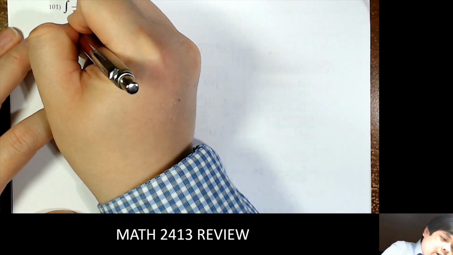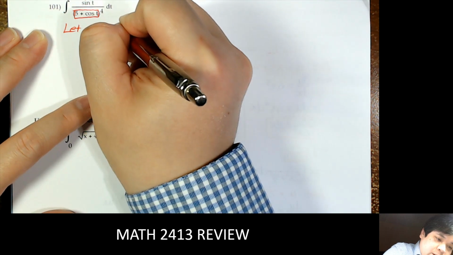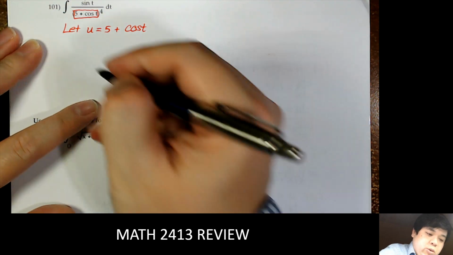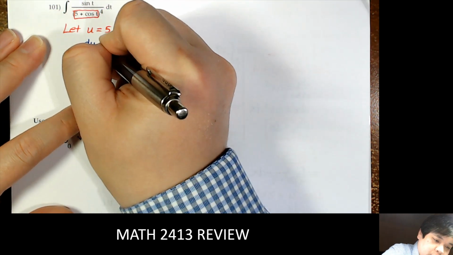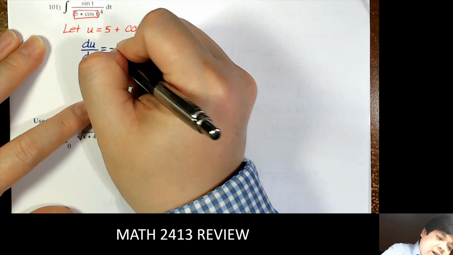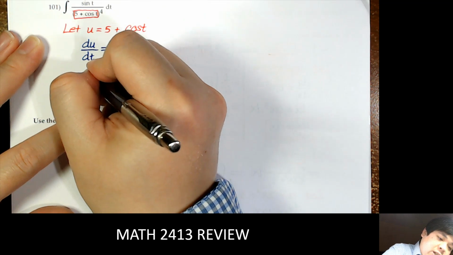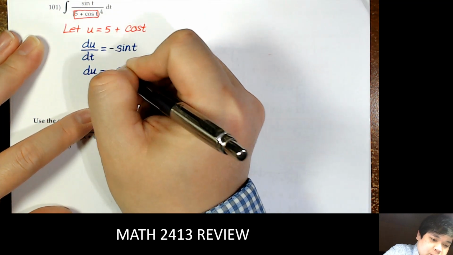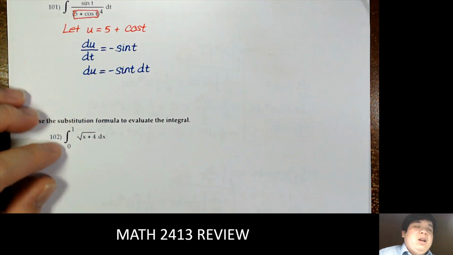So let u equal to 5 plus cosine of t. We'll take the derivative. It will be negative sine t multiplied by dt, and then divide by the negative sine t.